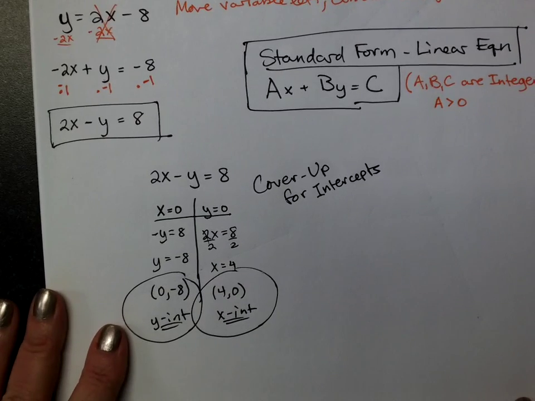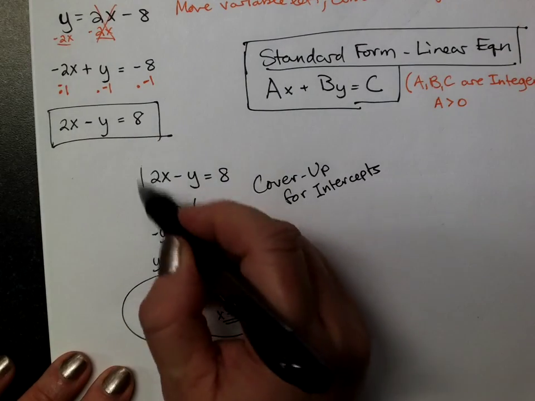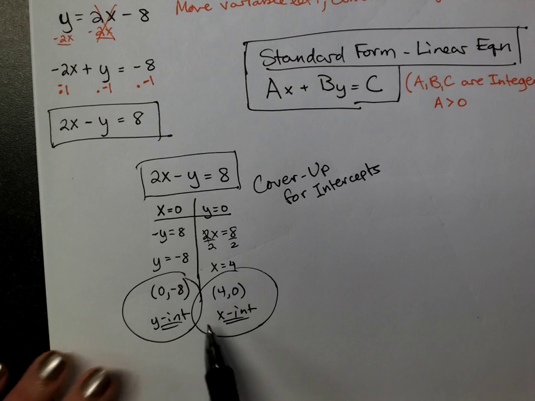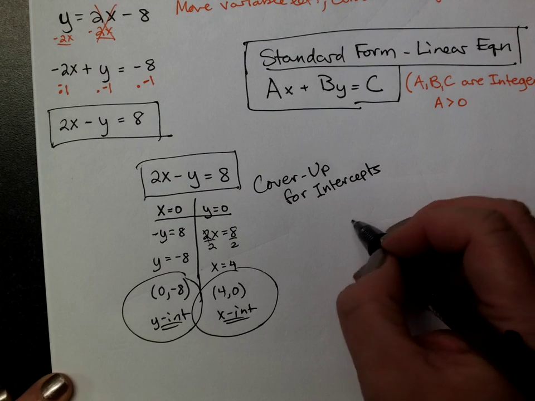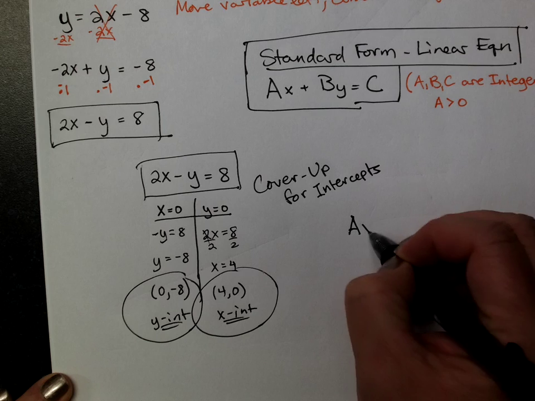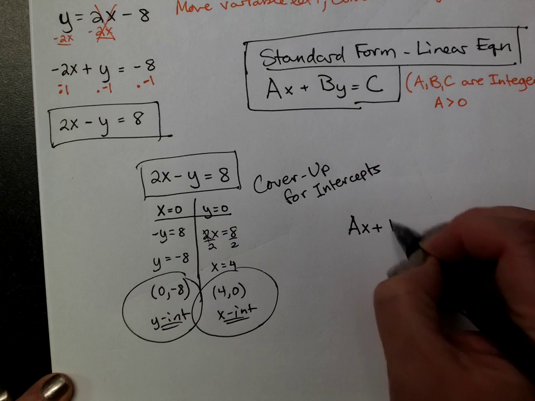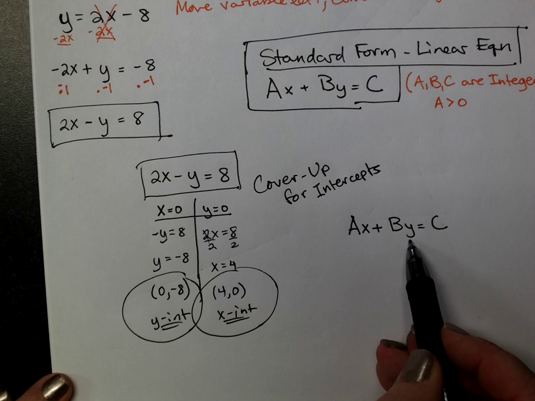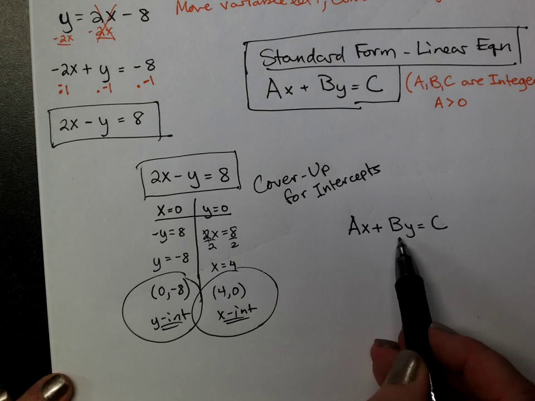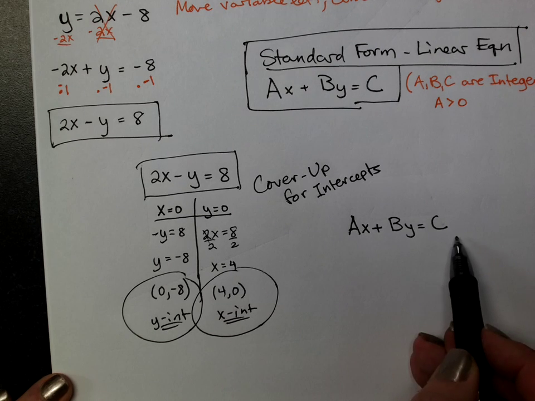And the one other thing you can find, either to check your work, or if one of your intercepts is a messy fraction, harder to hand graph, is the slope. Finding the slope is very useful to check your work and also to help you graph. This is how we find the slope. If I take ax plus by equals c, and solve for y, with letters instead of numbers, I change it into slope-intercept form.